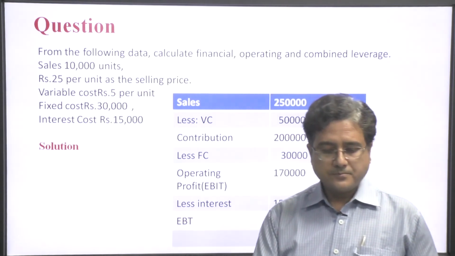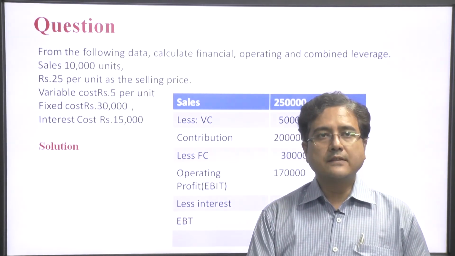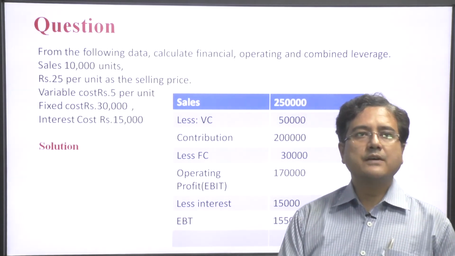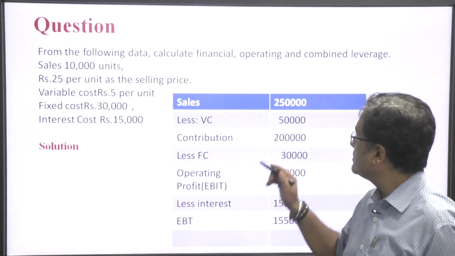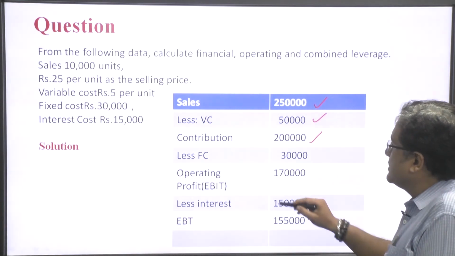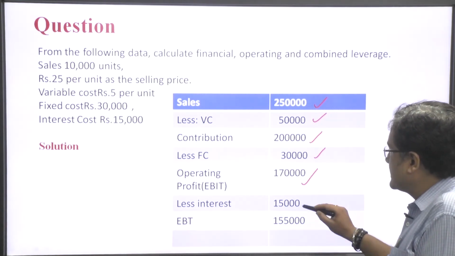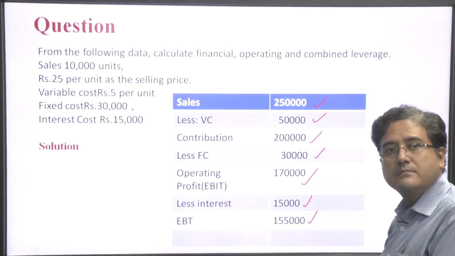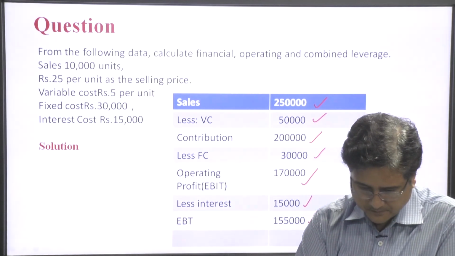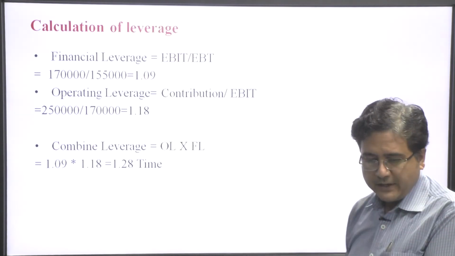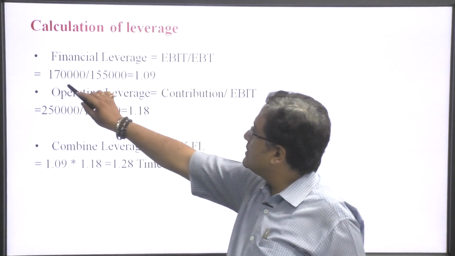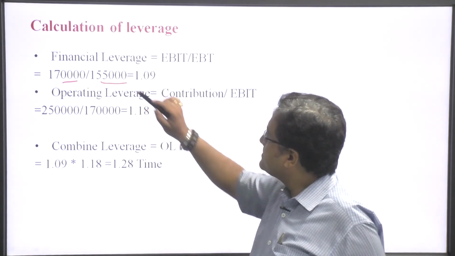Another question: sales is 10,000 rupees at 12% selling price, variable cost 5,000, fixed cost this one. So, here variable cost is this, less this, 2 lakh came, fixed cost also contributed, operating profit came, interest deducted, EBT came. I have already explained this. So, financial leverage is EBIT divided by EBT.